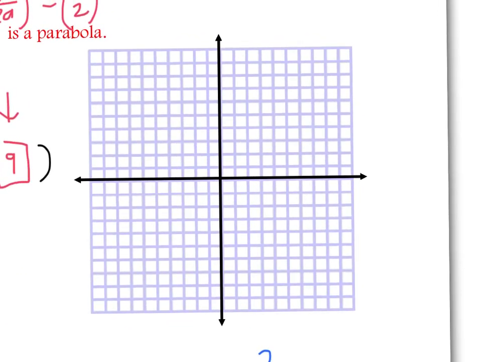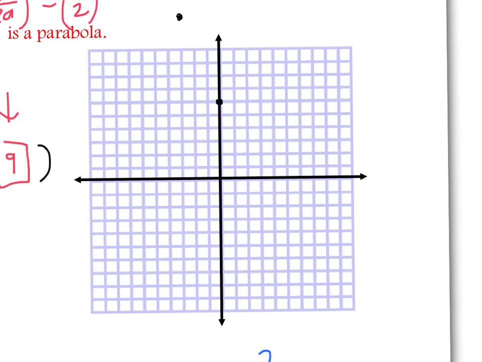This one's going to actually go off the graph a little bit, so I'm going to estimate because my vertex is negative 3, 15. So it's a little bit above this. This one only goes to 10. But that's okay. Just a sketch. Let's see what else we got. We got our y-intercept at 6. So that's on the y-axis here at 6.